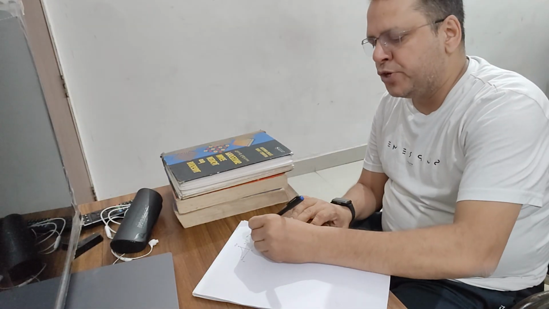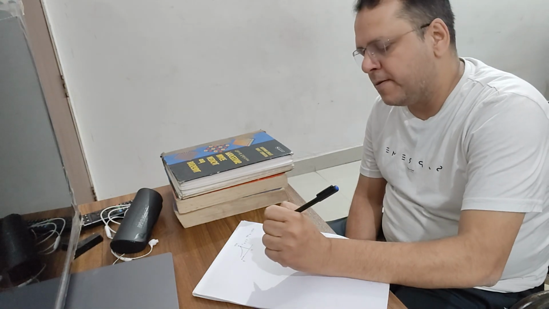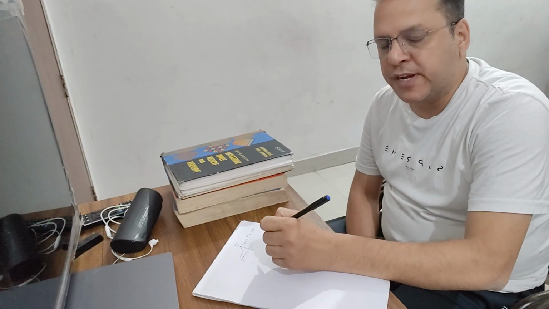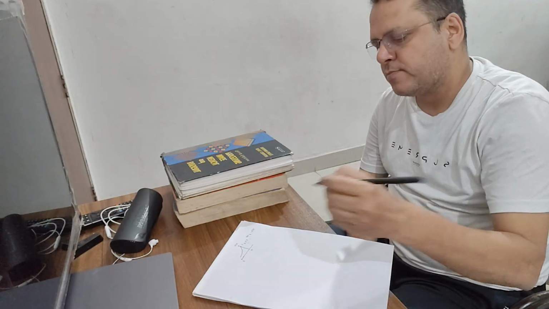So at t equal to 0, this becomes 1, and as t is going to increase, the pulse is going to decay exponentially. This kind of pulse is known as one-sided exponential decay pulse.